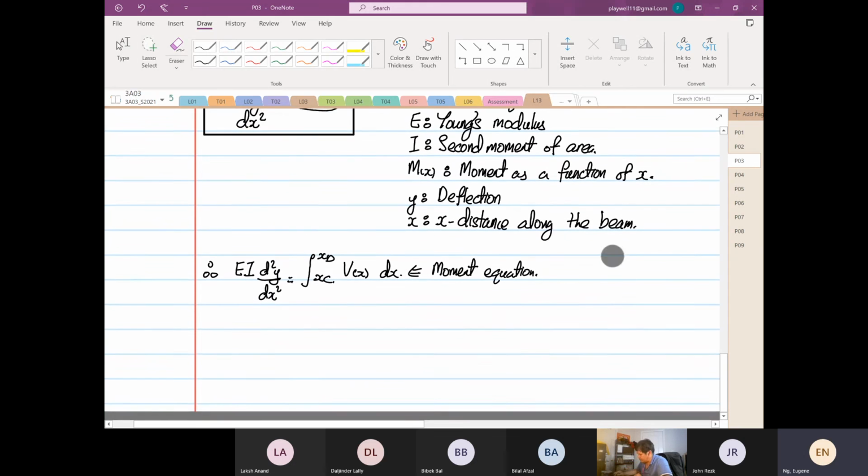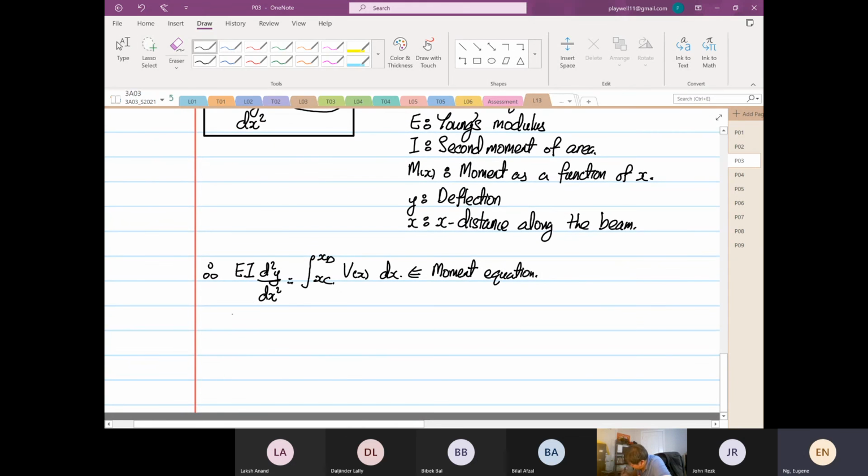And then we're going to integrate. Now the next integration is without limits. dy by dx is equal to, when you integrate, you integrate from xC to xD V as a function of x dx, and then you integrate again. Then you have to add C1, because there are no limits. So this is your integration number 3, in fact.